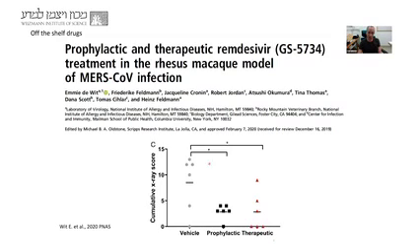Here you can see that there is actually a benefit of using this particular drug, both for treating monkeys that were infected with MERS, and also to prevent infection when this drug was given in a prophylactic manner, meaning before the actual infection.